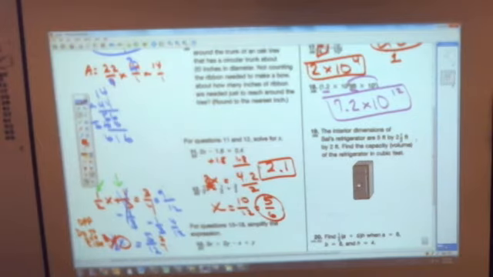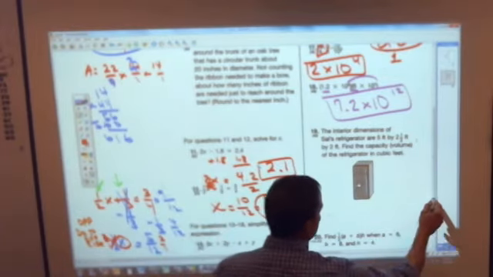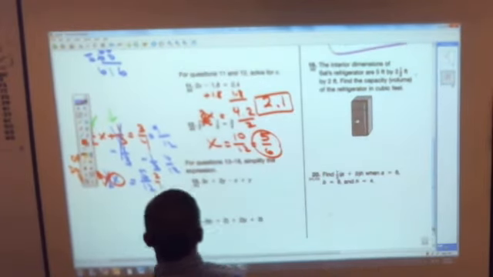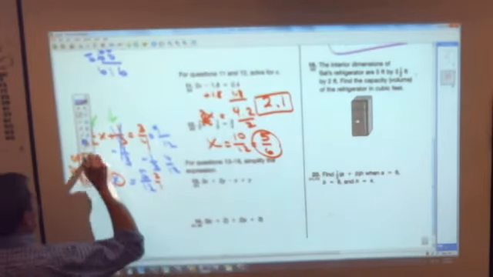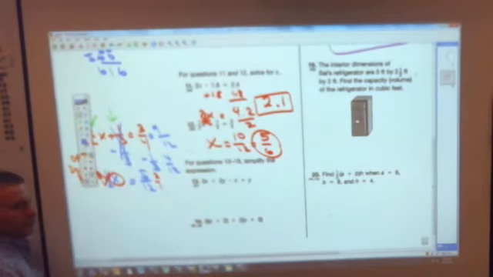Charles. Number 13. Yeah, we talked about these ad nauseam. What's the rule when you add terms? They have to be exactly the same as far as the letters go. I can only put an x with another x.